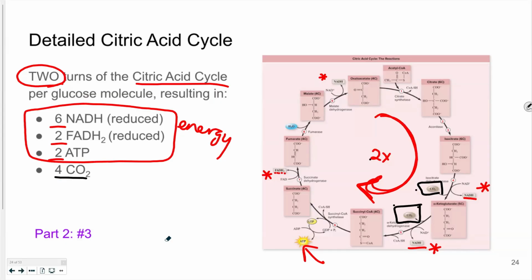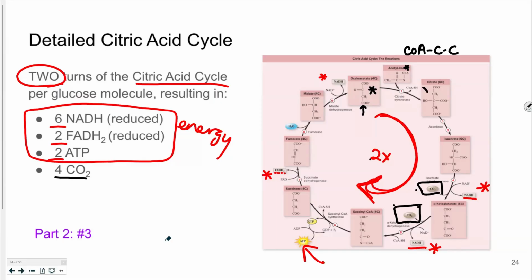Here are the names of the chemicals that I need you to remember. We need to know oxaloacetate, its name, and that it's a 4-carbon sugar. You do not have to memorize the chemical structure unless you want to. We need to know acetyl-CoA. This is a coenzyme that's carrying 2 carbons.